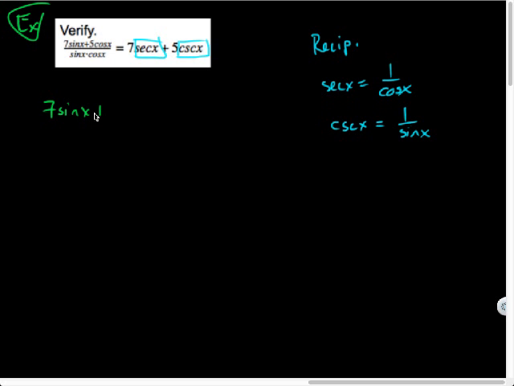So 7 sin x plus 5 cos x all over sin x cos x equals, I could rewrite this as 7 over cos x, or 7 times this guy is the same as 7 over that, plus 5 over sin x.